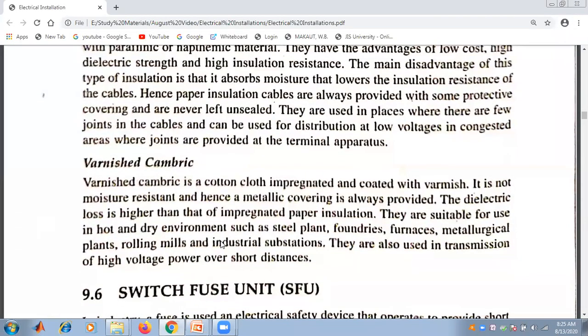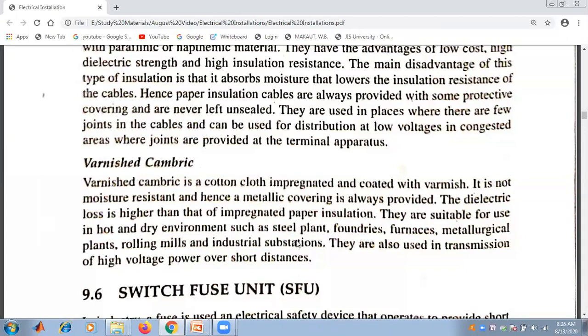So another is the varnished cambric. The varnished cambric is a cotton cloth impregnated and coated with varnish. It is not moisture resistant and hence a metallic covering is always provided. The dielectric loss is higher than that of impregnated paper insulation.